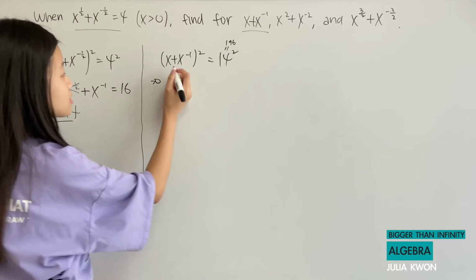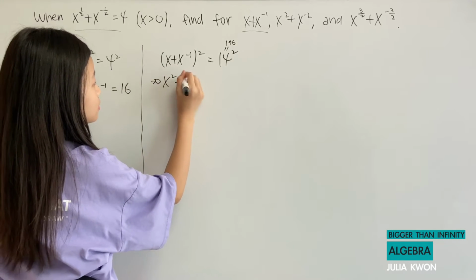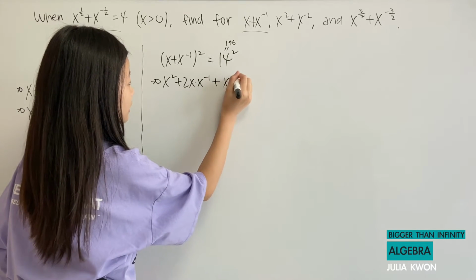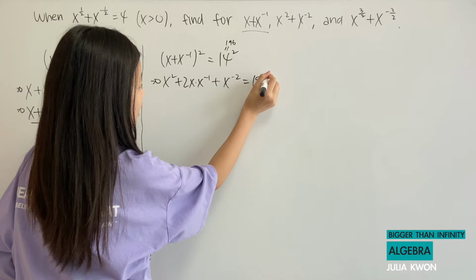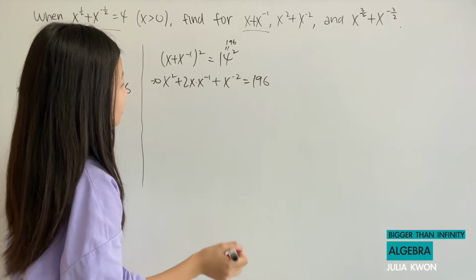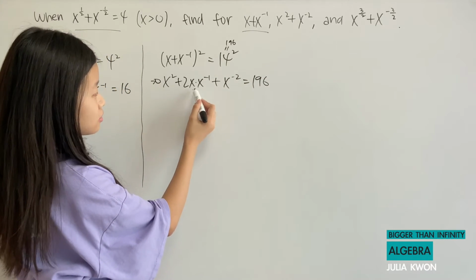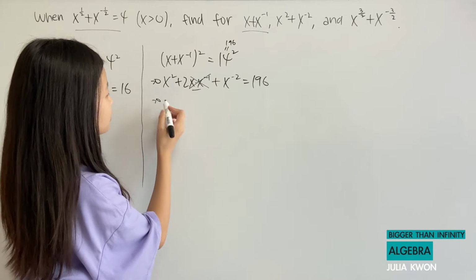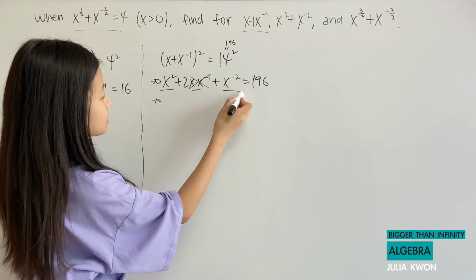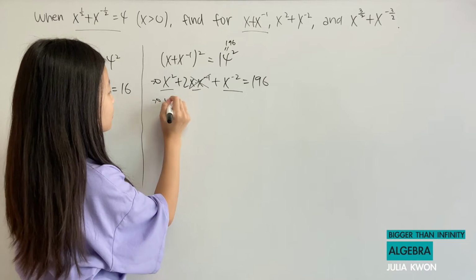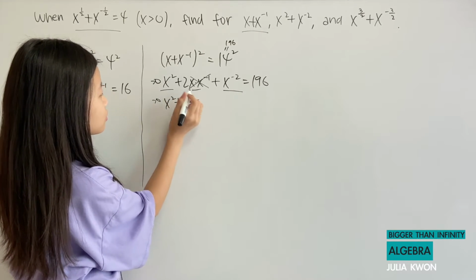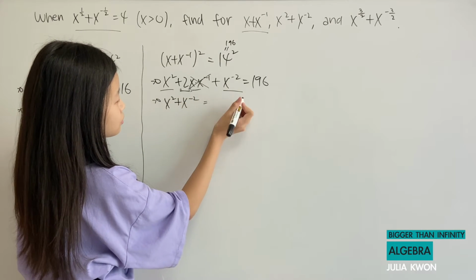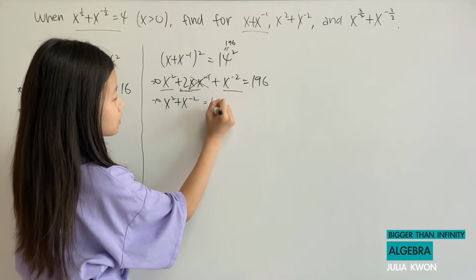If we square this, we get x squared plus 2 times x to the power of negative 1 plus x to the power of negative 2, which is equal to 196. And again, these two cancel out to be 1. What we're trying to find is x squared plus x to the power of negative 2. And if we subtract 2 on both sides, we get 196 minus 2, which is 194.